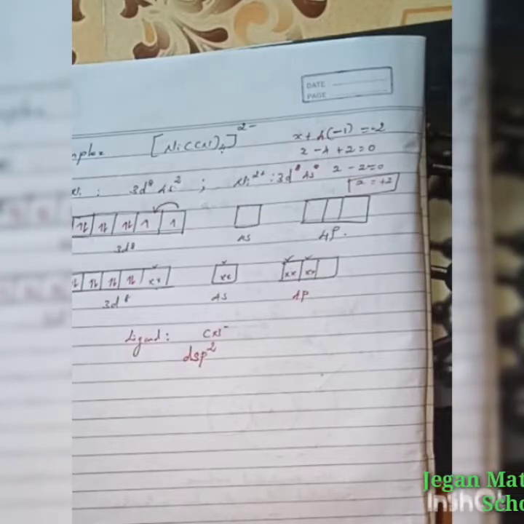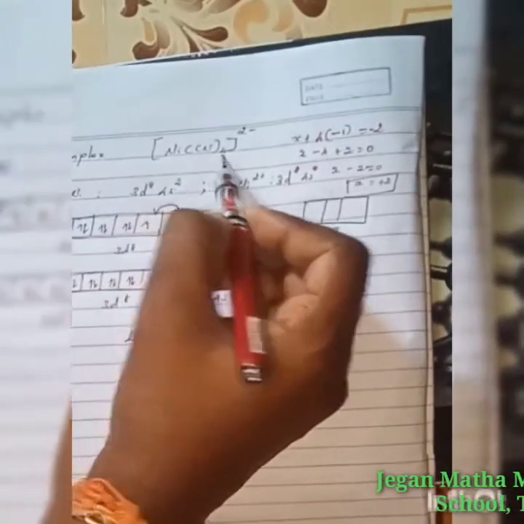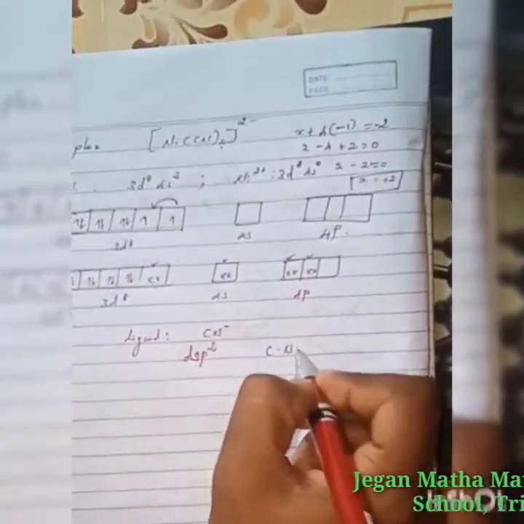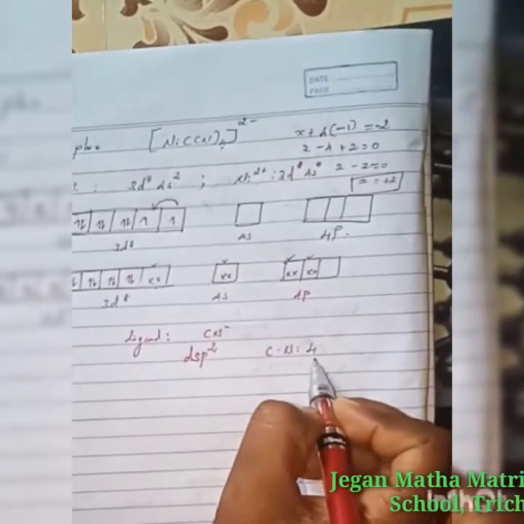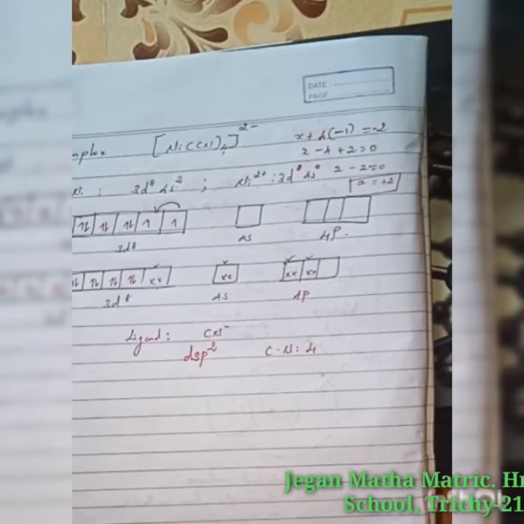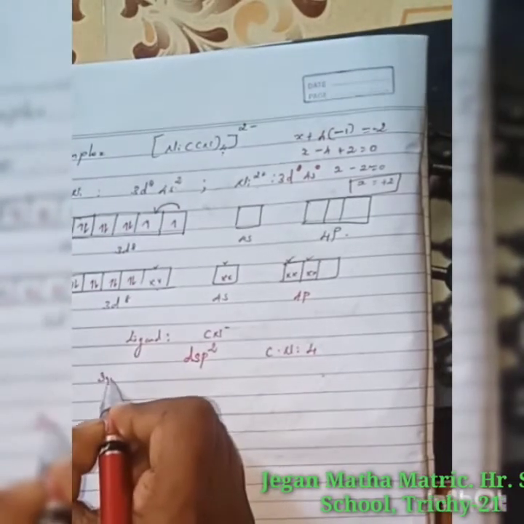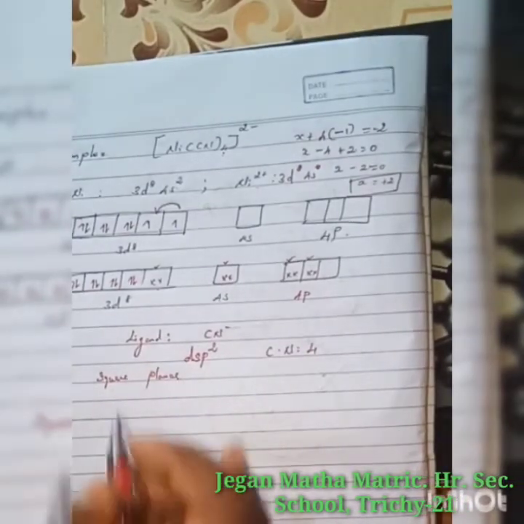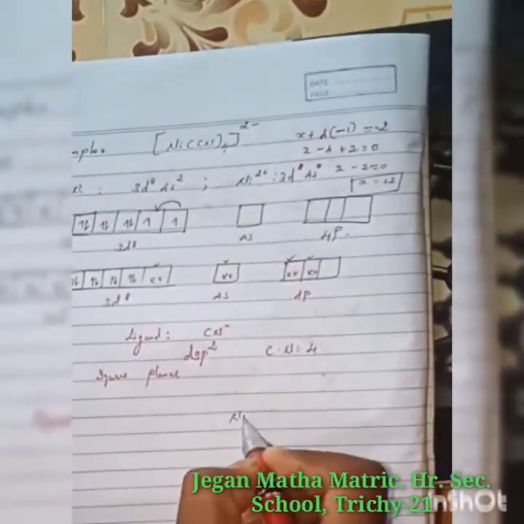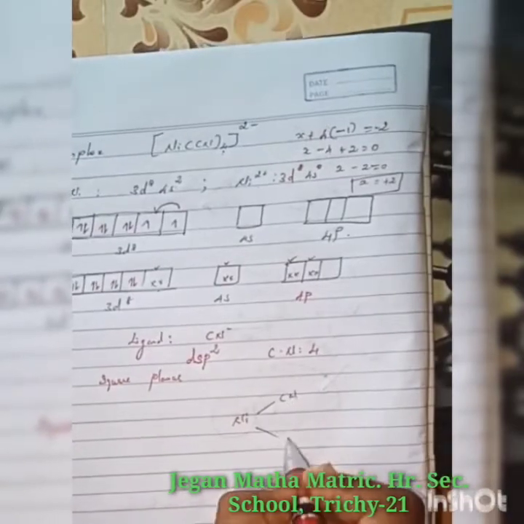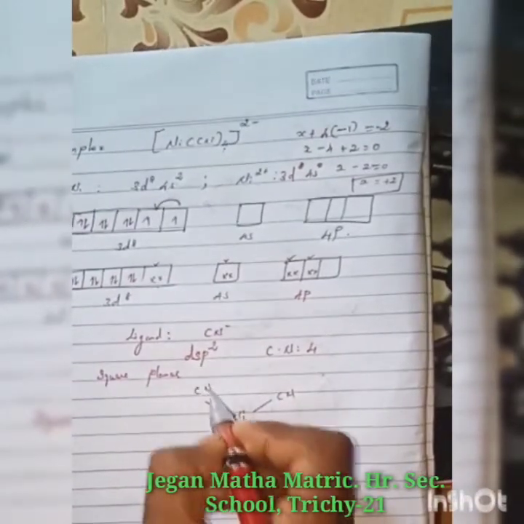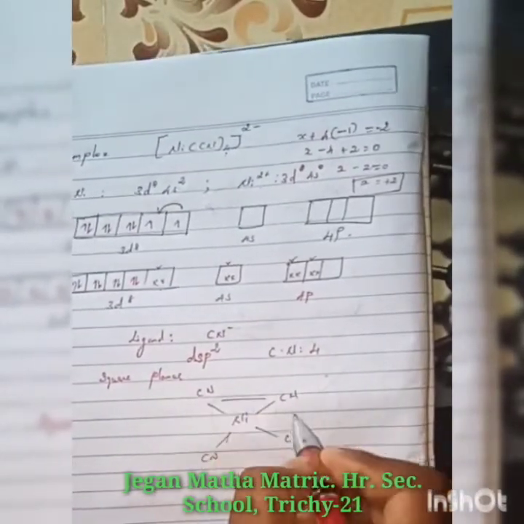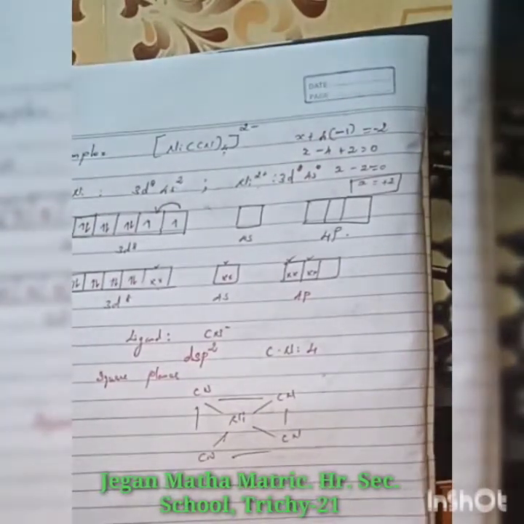The ligand is present 4 times, so the coordination number is 4. Coordination number 4 and hybridization dsp2 means square planar geometry. Now I draw the square planar geometry. The central metal ion is nickel, with one cyano group here, another here, another here, and another here. This represents square planar geometry.